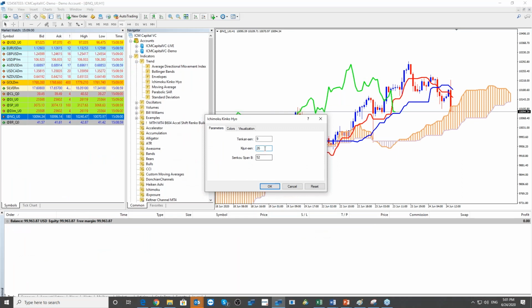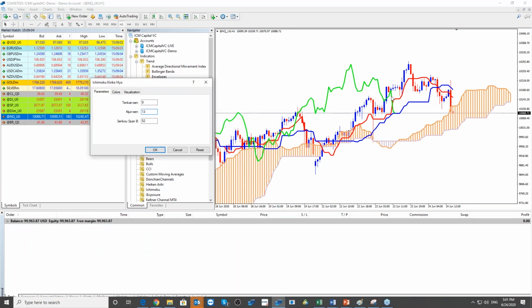So here, if I change this to 13, we're going to see the green line is going to be closer to the price, and also the cloud is going to get closer to the price. Instead of shifting 26, it's going to be shifting only 13, which is almost halfway here. Also the green line will be shifted only 13 periods backward from the current price.